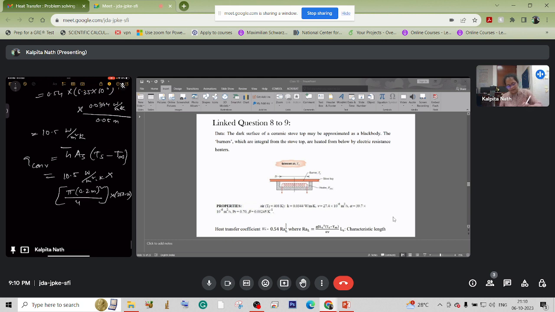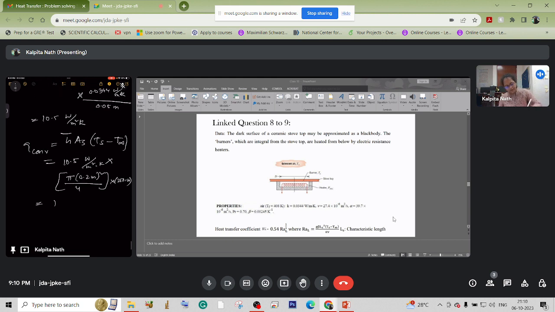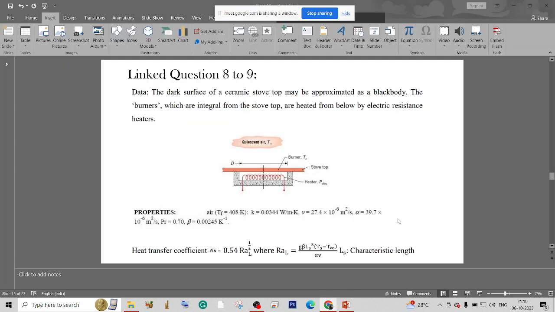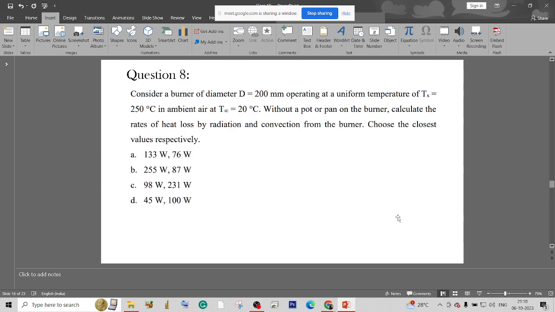So this will come out to be 75.7 watt. So if we go to the options, this is 133 and 75.7, that is 76, which is option C. Sorry, A.